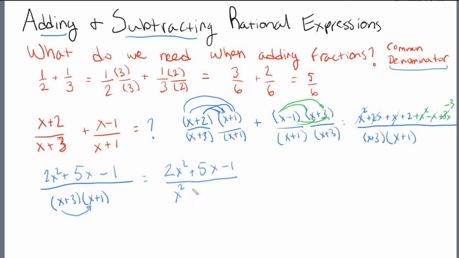So x squared plus 3x, and then plus 1x, and then plus 3. So our final answer: 2x squared plus 5x minus 1 over x squared plus 4x plus 3. A lot of work just to get one answer.